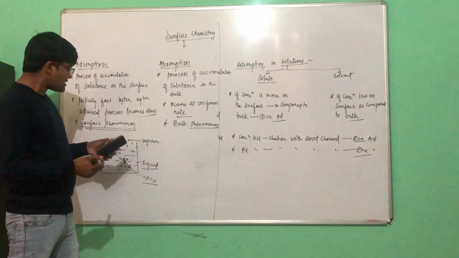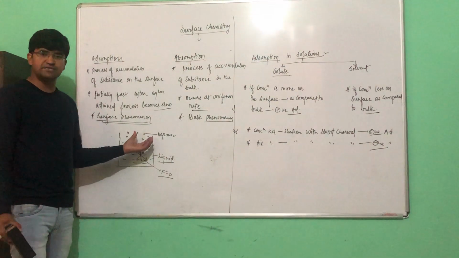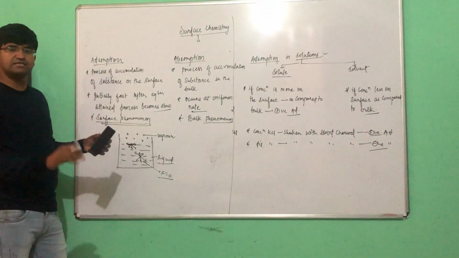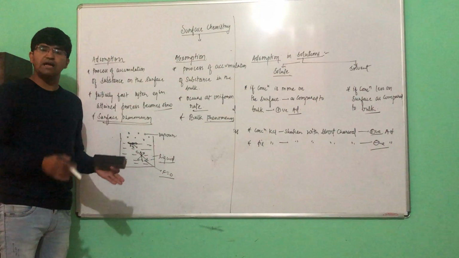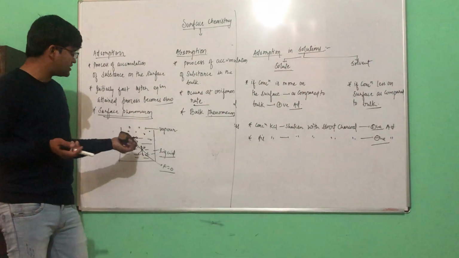And as it is a surface phenomenon, that can be shown in terms of surface tension, because the particles which are present at the surface are always attracted inwards, and the particles which are present inside are equally attracted or repelled in all the directions.